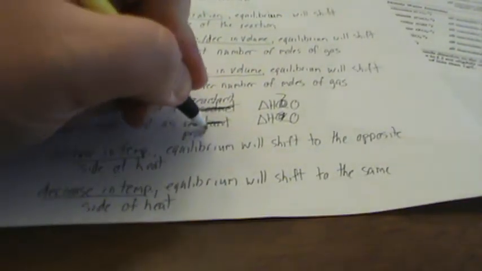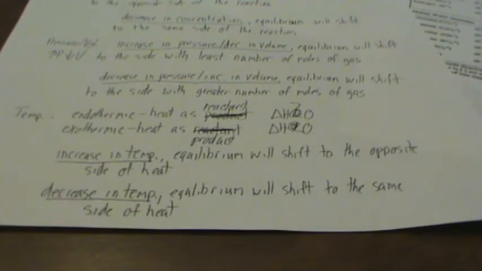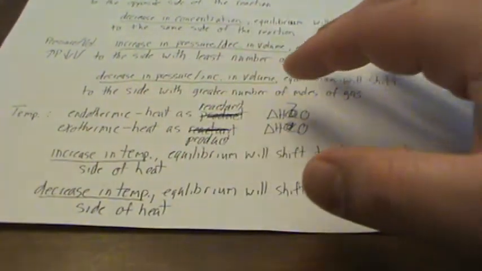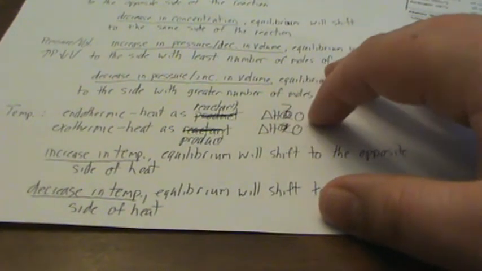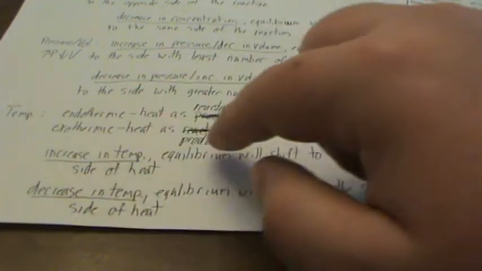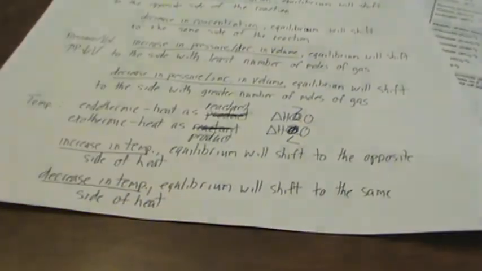And if it's exothermic, heat will be a product. Now, how do we know whether it's going to be endothermic or exothermic? That information will be given to us. So if it's an endothermic reaction, our delta H, change in enthalpy, will be greater than 0. And if it's exothermic, then it'll be less than 0.